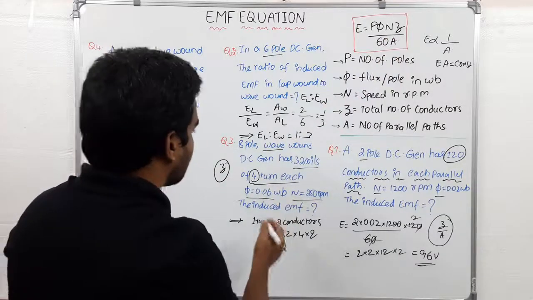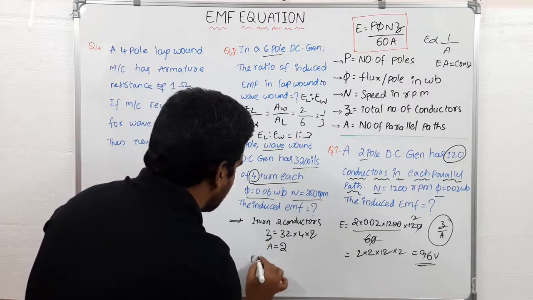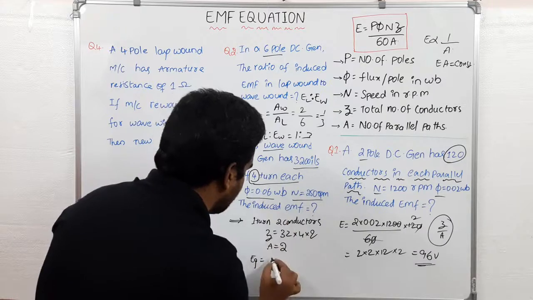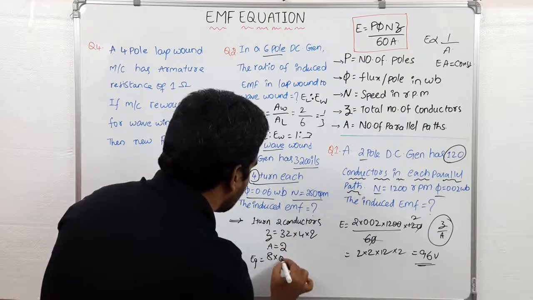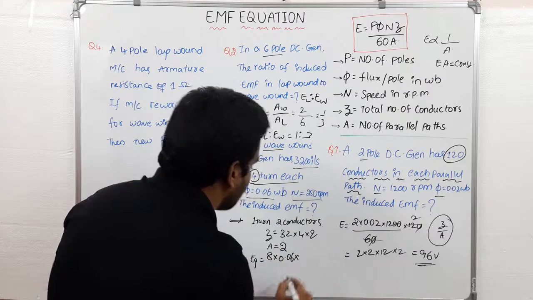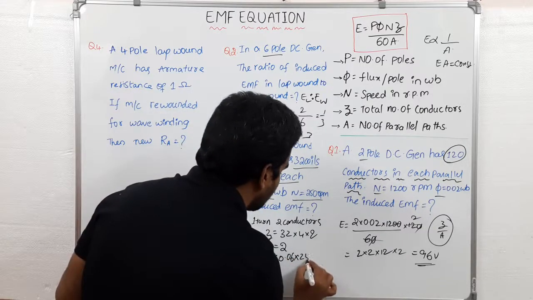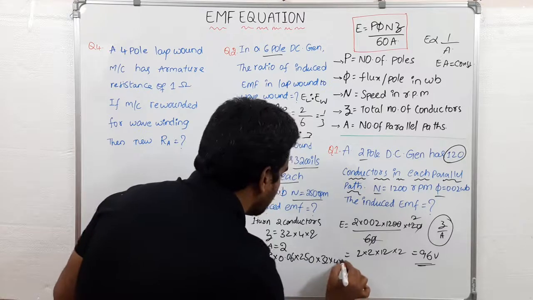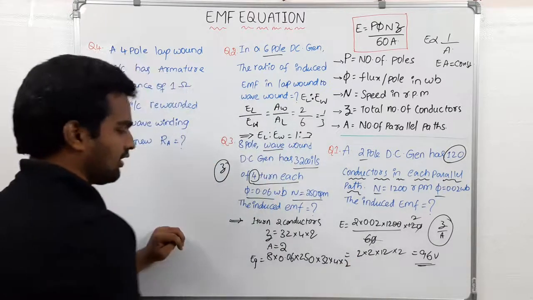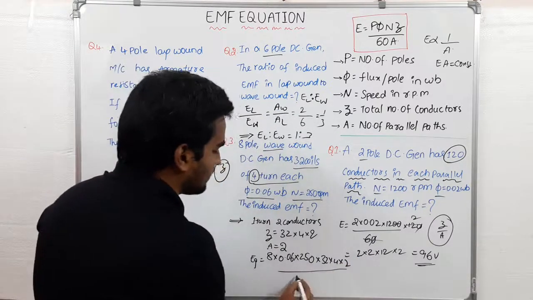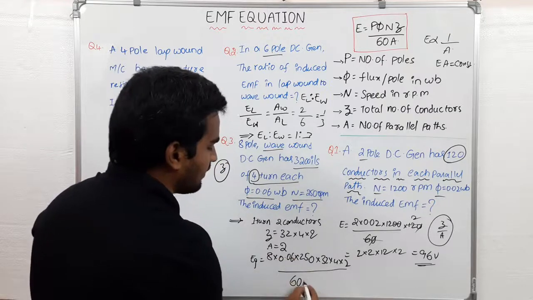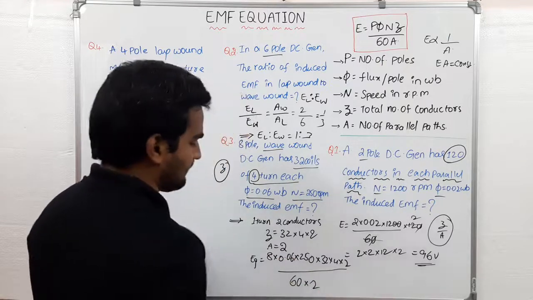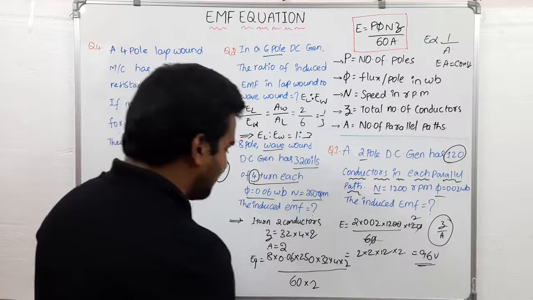Let us substitute the values. EG equal to P, an 8-pole machine, phi 0.06, N 250, Z 32 into 4 into 2, by 60, A is 2. So what will be the answer?